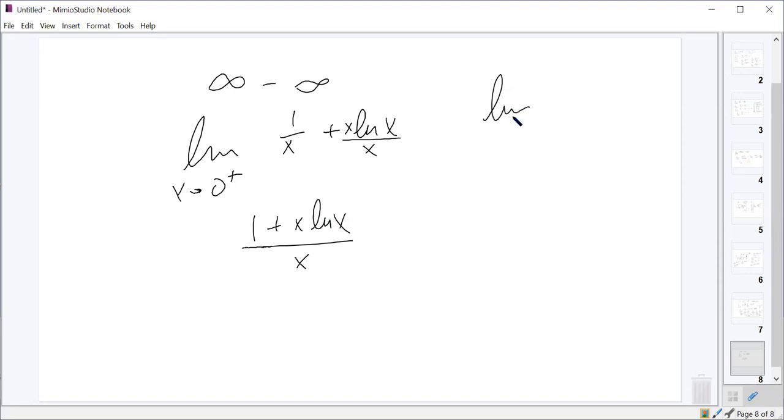Let's see here. Limit as x approaches 0 from the right of ln x over 1 over x. We just did that one, didn't we?